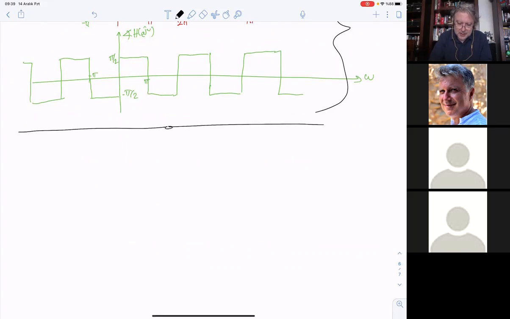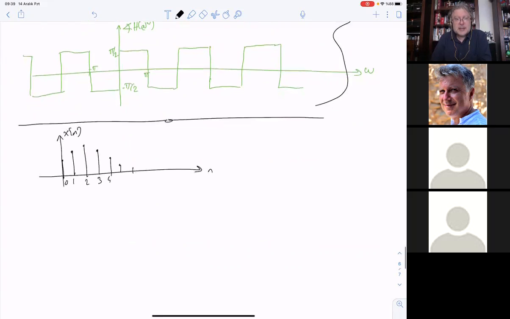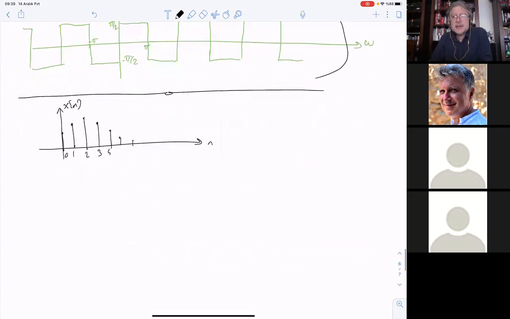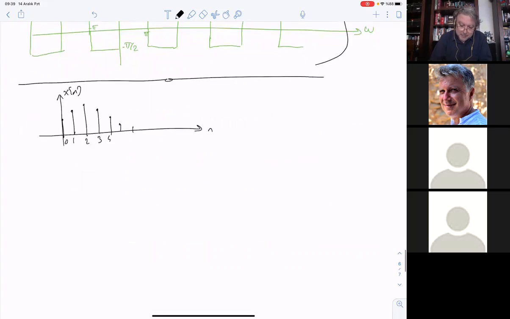If you have a discrete time signal like this on the n-axis, so this is 0, 1, 2, 3, 4, etc. And this is x of n. You first have to convert these integer indexes to the sampling period, and you have to insert impulses.